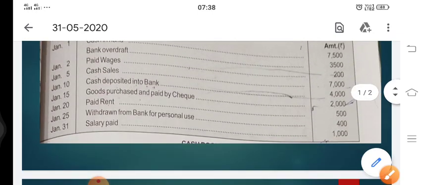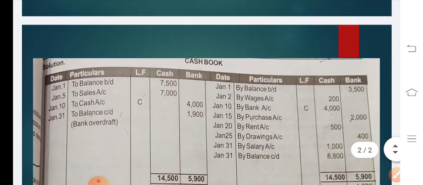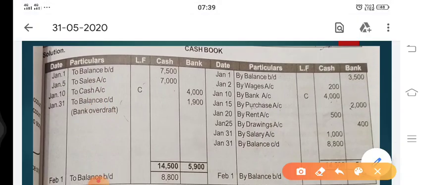The next point we have is paid rent. Now since we paid rent, that means cash again is going out. So we'll go to the credit side, since payments are always written on the credit side and receipts always on the debit side of the cash book. So by rent account.